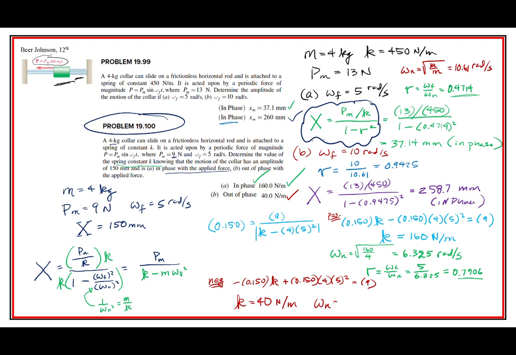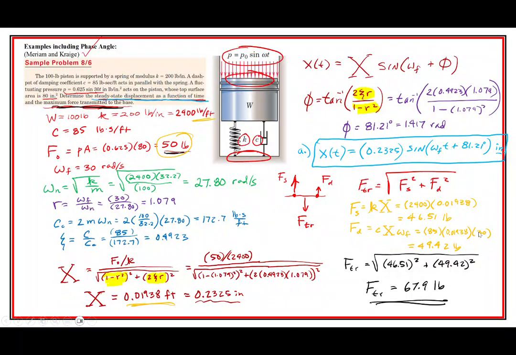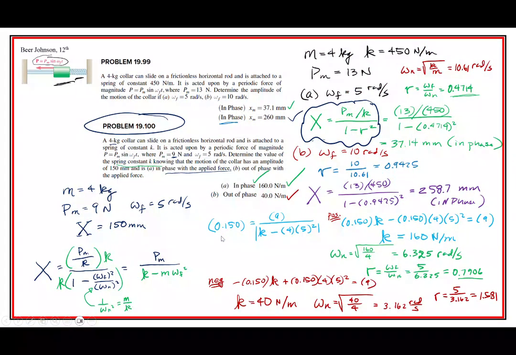Our natural frequency is going to be 40 divided by 4, the square root of 10, or 3.162 radians per second, and therefore the R is going to be 5 over 3.162, which is 1.581, greater than 1, and therefore on the other side of resonance.